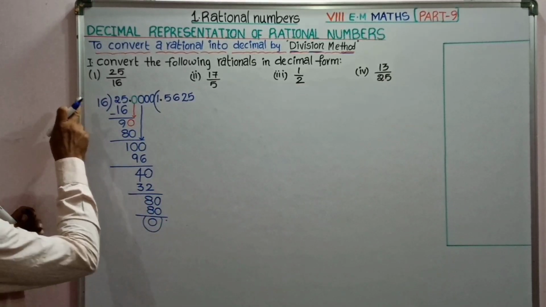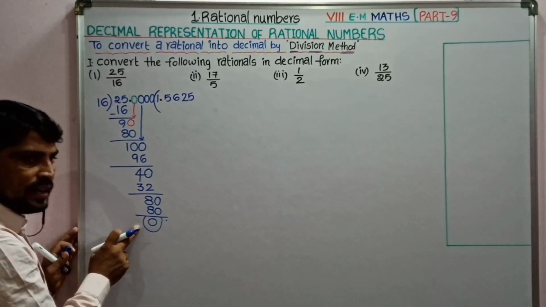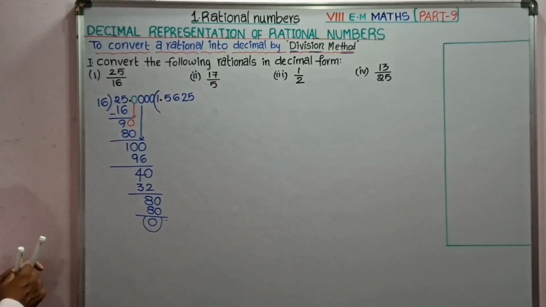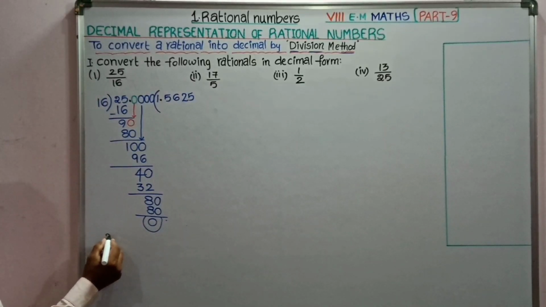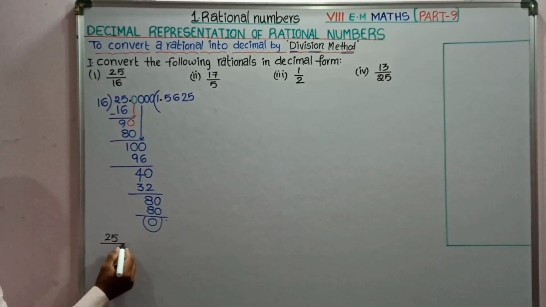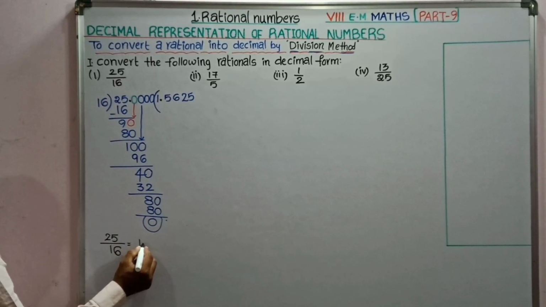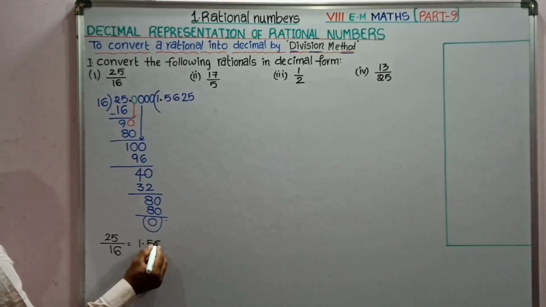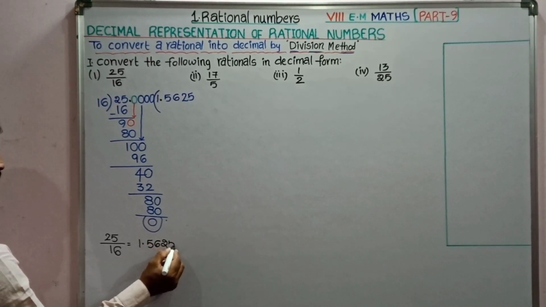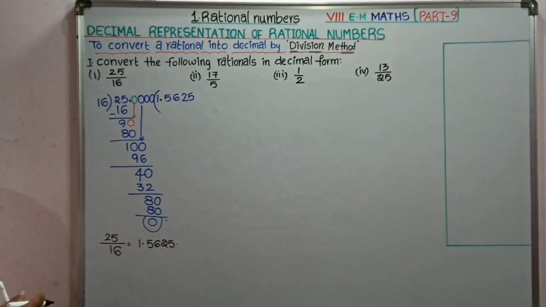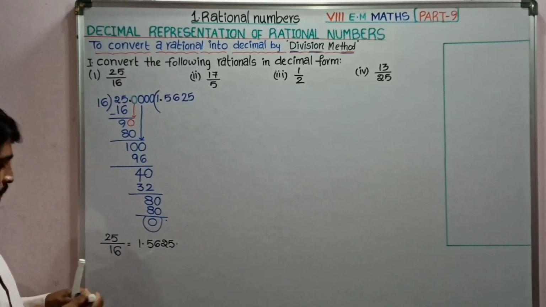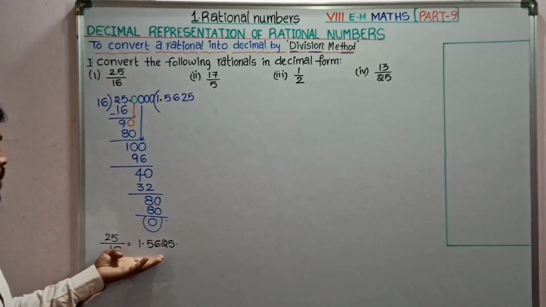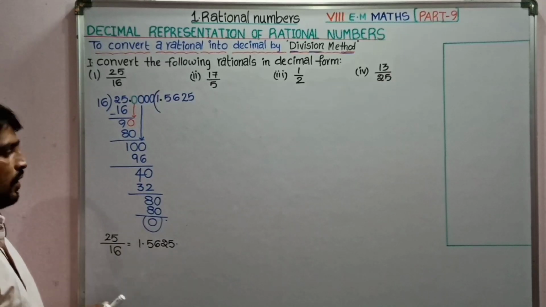So we continue this division process until we get remainder 0. Therefore, the decimal form of 25 by 16 is 1.5625.